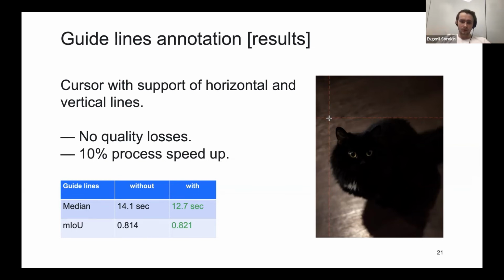So you need to put just 2 dots. It ended up in a 10% speed up in terms of time.